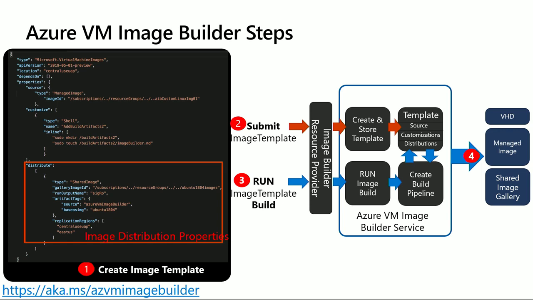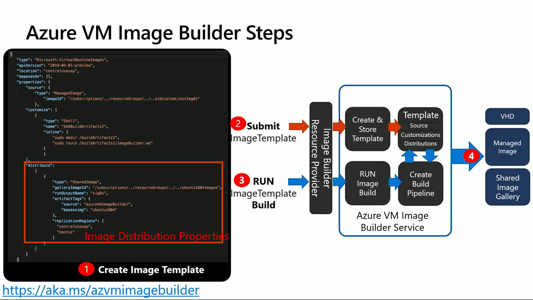Now, what happens is, once you've constructed your template, you submit it to the Image Builder service. At that time, it does its syntactical checking, and then it will download any associated artifacts that are referenced inside that template. So, for example, if you're referencing a script, it will download them. And where it actually downloads them, when you submit the template, it creates a staging resource group, and it will be prefixed IT_.